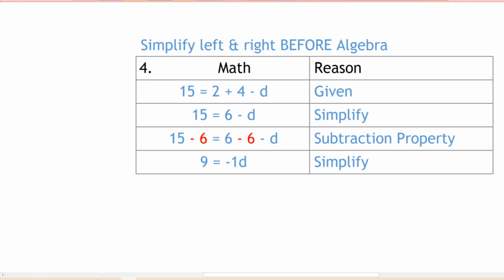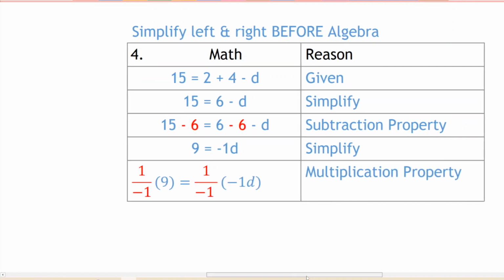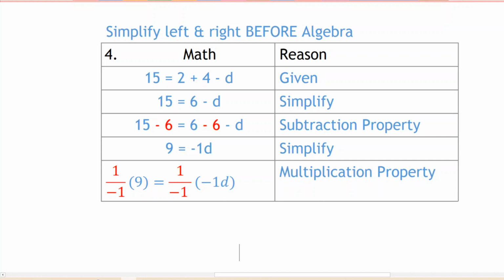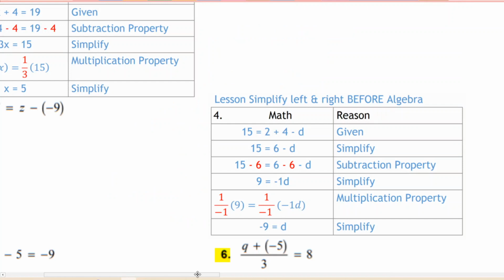Now we could think of the right side as -1 multiplied by d, in which case we would divide both sides by -1. That would look kind of like this. We're going to multiply both sides by the reciprocal of -1, which is 1 over -1, to give me -9 is equal to d. So that's our question 4.